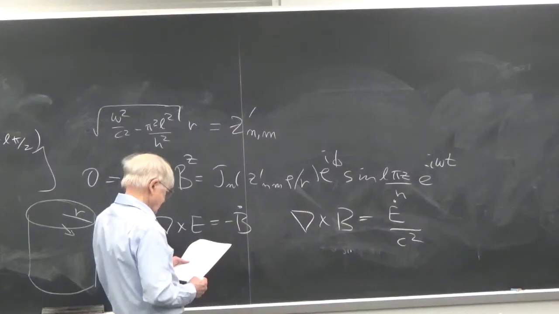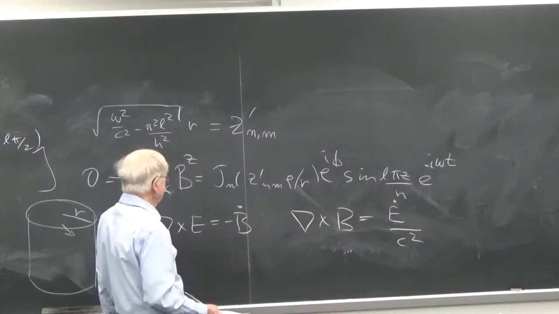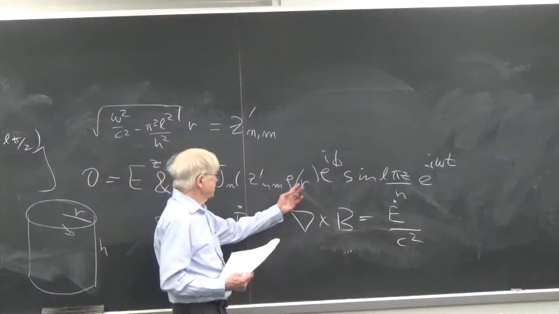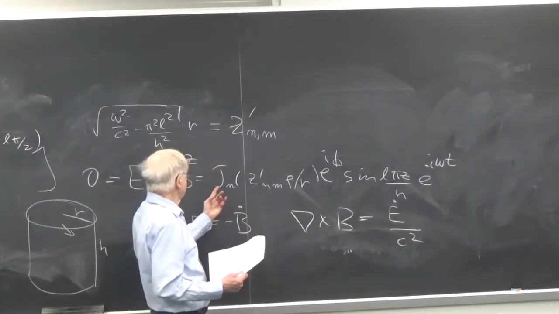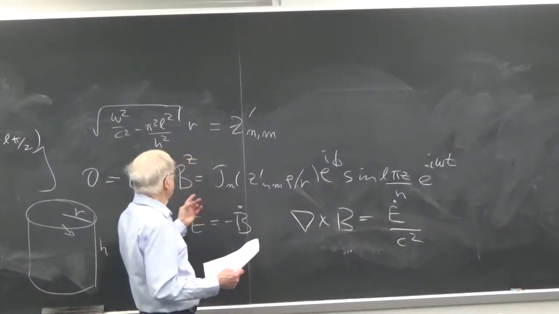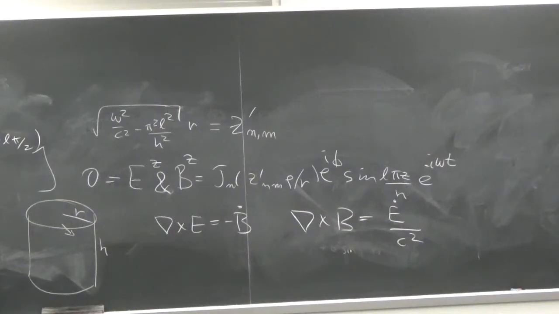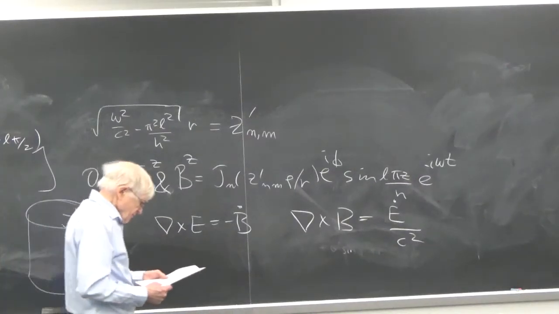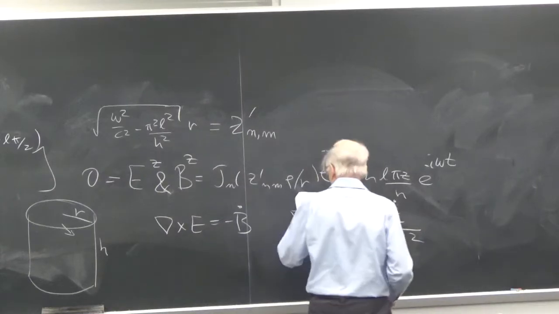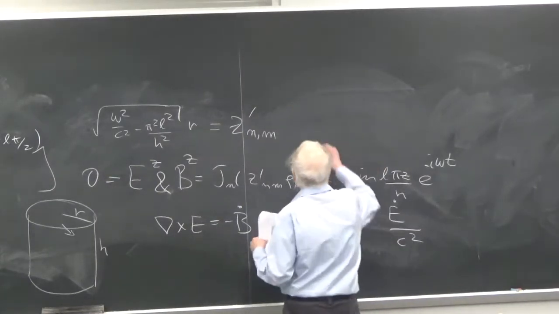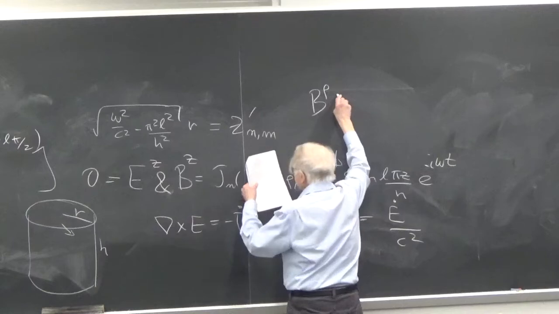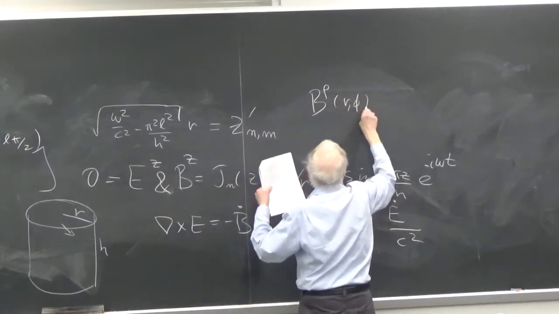But B doesn't automatically vanish when rho is equal to R, because what we just had was JZ. We have to figure out what B rho is when rho is equal to R. So we want to check that B rho of R phi is equal to 0.